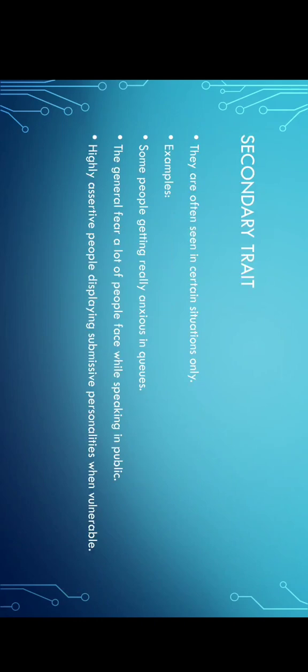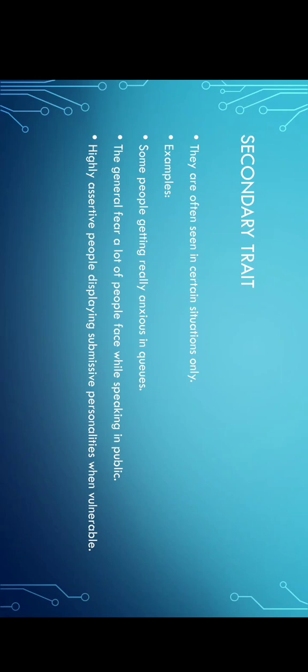And the third is secondary trait. Secondary traits relate to attitudes or preferences, and they are often seen in certain situations only. For example, some people get really anxious when they are in chaos and can't wait to get over that situation.